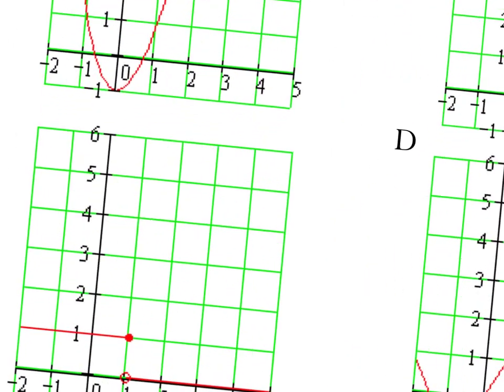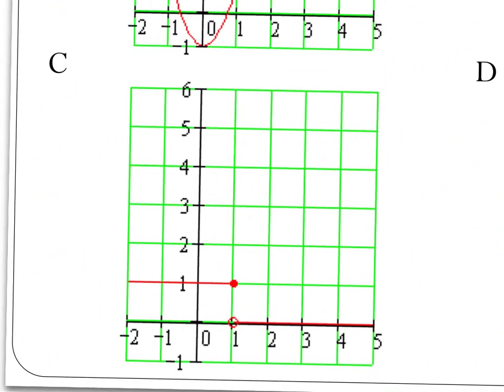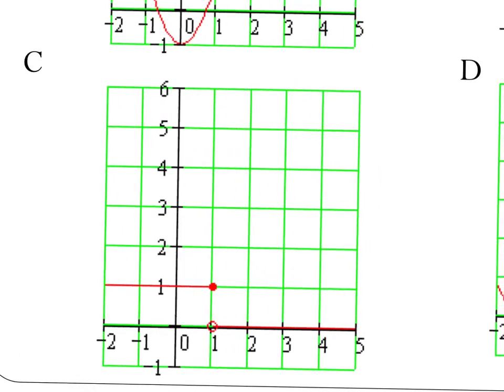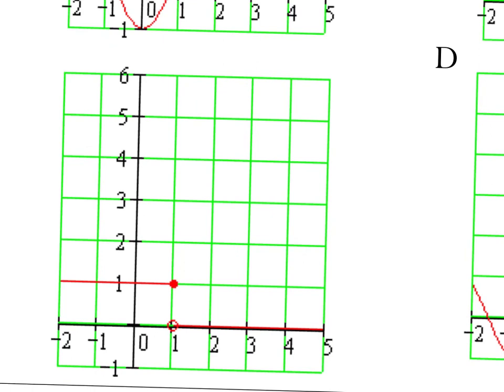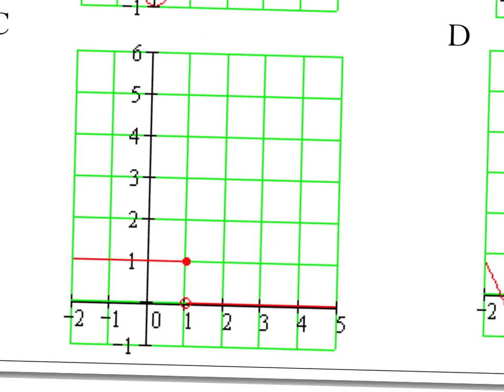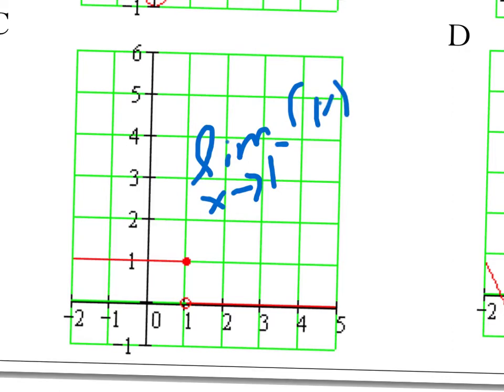Okay, so let's take a look at C, for example, because this is the one, remember, where the limit does not exist. We're going to introduce some notation here to show what the criteria are for a limit to not exist. So remember, when we traced the left side of the graph, which is what we call the left-hand limit, we denote that with a little negative symbol there of f of x. We saw that it was a little bit different than the right-hand limit, which we denote with a little positive symbol.